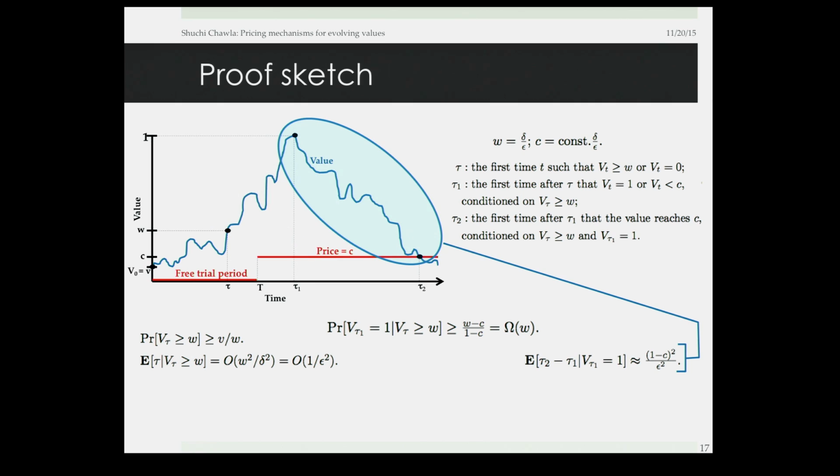And then we're going to exploit this third phase of the process, where the value now takes some time to go all the way down to the price. So we break up the analysis into these three components, and much of this analysis is based on the optional stopping theorem and analyzing just the right functions of this martingale process. It's all very elementary, and it works out nicely.